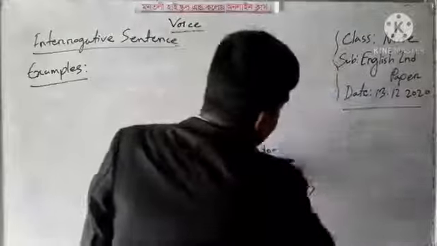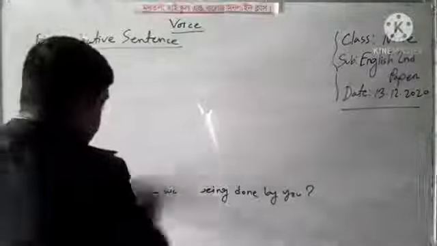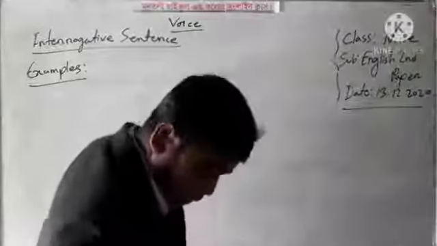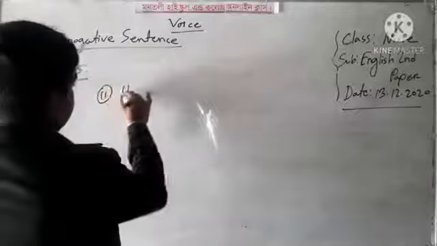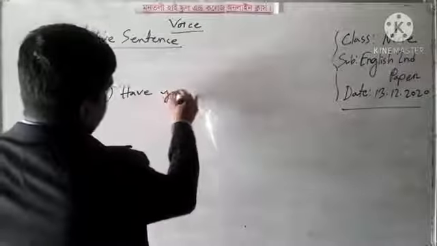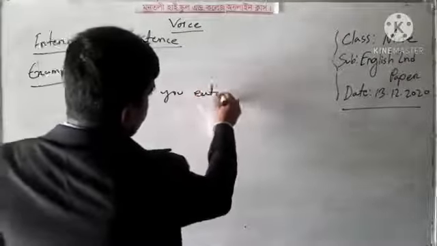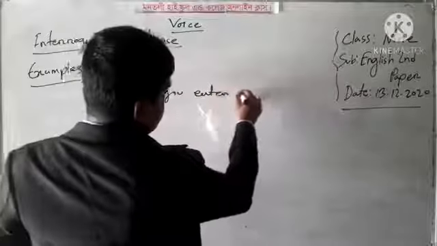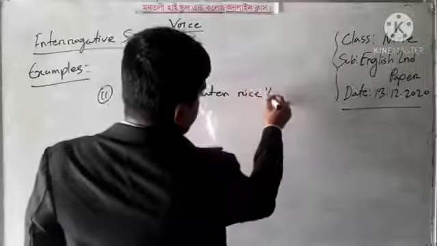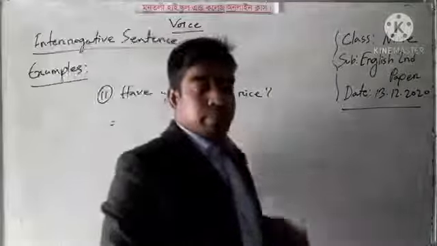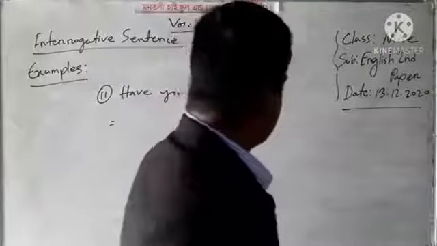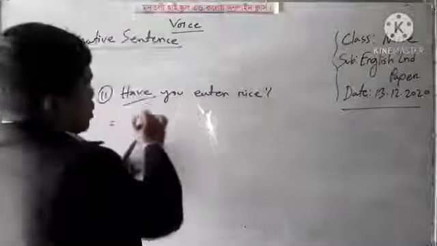For your better understanding, I have written another sentence: Have you eaten rice? This is actually an interrogative sentence, and it starts with an auxiliary verb.